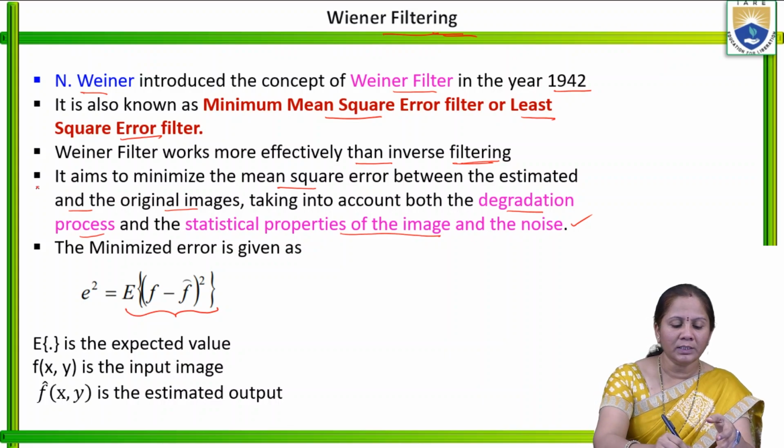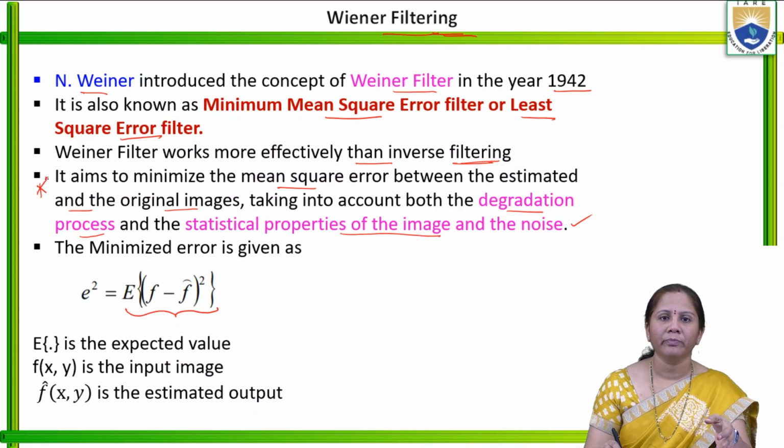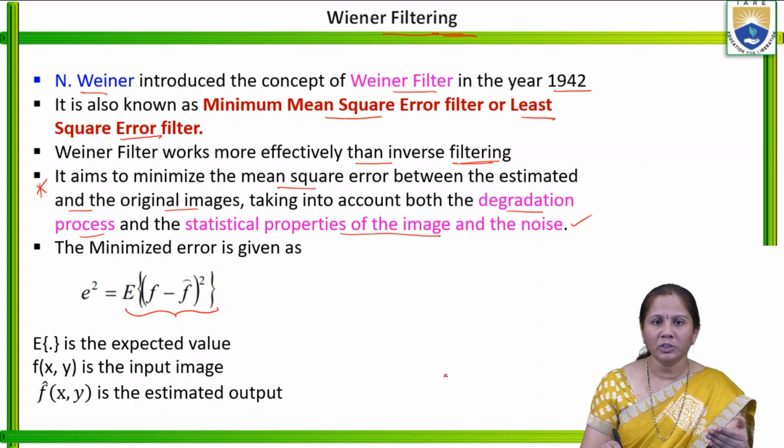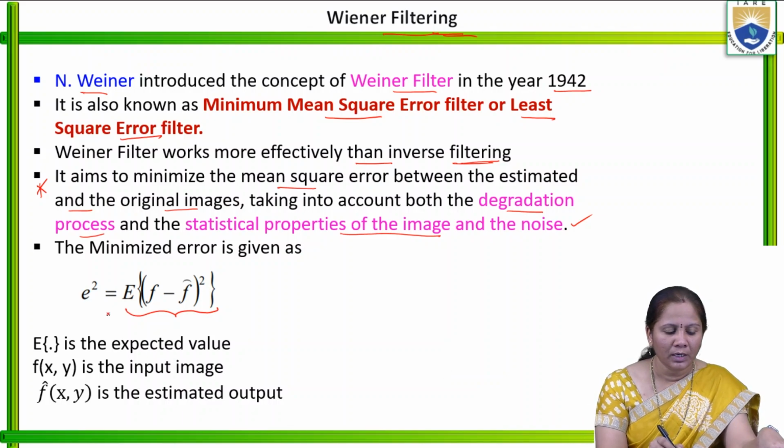This aim, minimizing the difference between the estimated output and the input image, is represented in a mathematical formula like e square is equal to E of (f minus f cap) whole square.